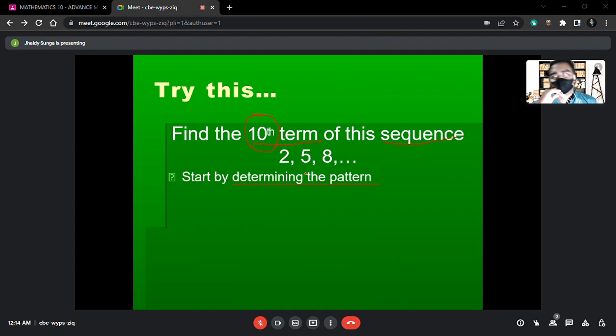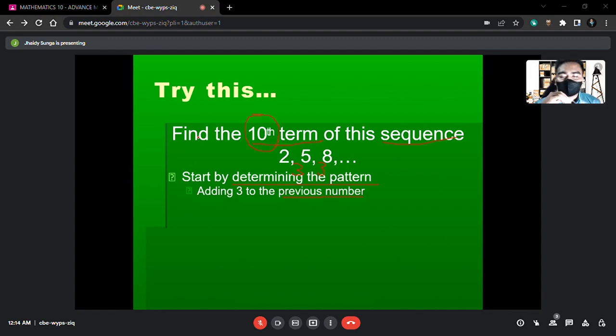We saw that it was adding 3 to the previous number, or in each term, right? Aside from it being added by 3, what else did you see?